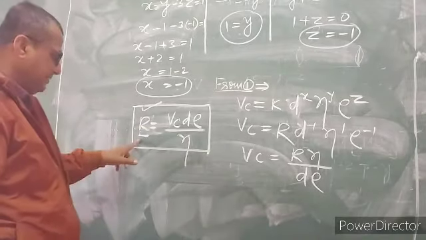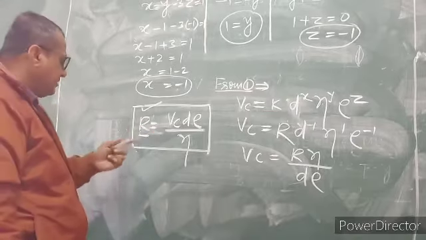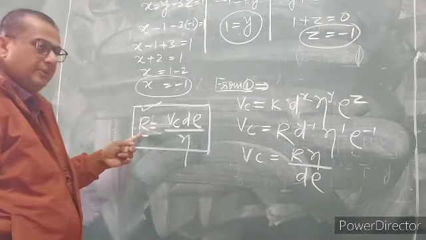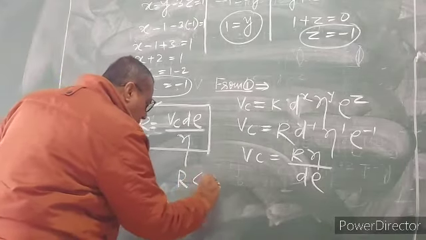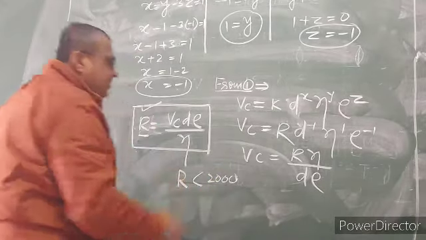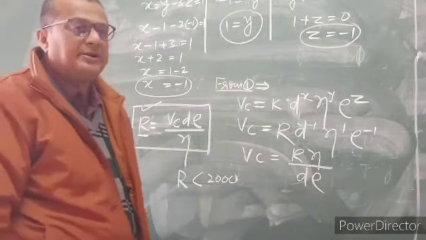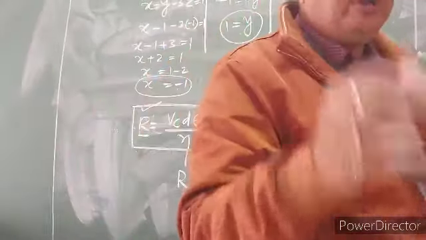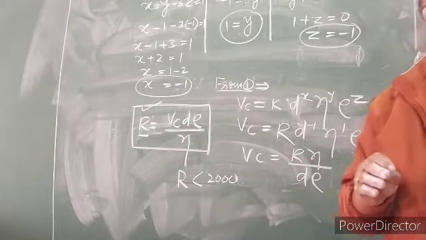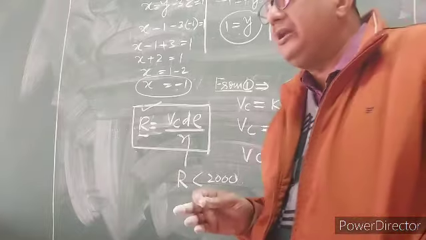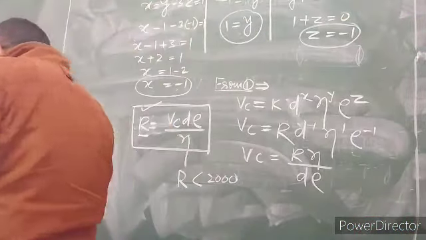It is dimensionless, because when you find the dimension of this quantity, it will be dimensionless. And if this Reynolds number is less than 2000, the flow of liquid will be streamline, and if it is greater than 2000, it will be turbulent. So by knowing the value of Reynolds number, we can decide whether the flow of liquid is streamline or turbulent flow. Okay, I think clear.